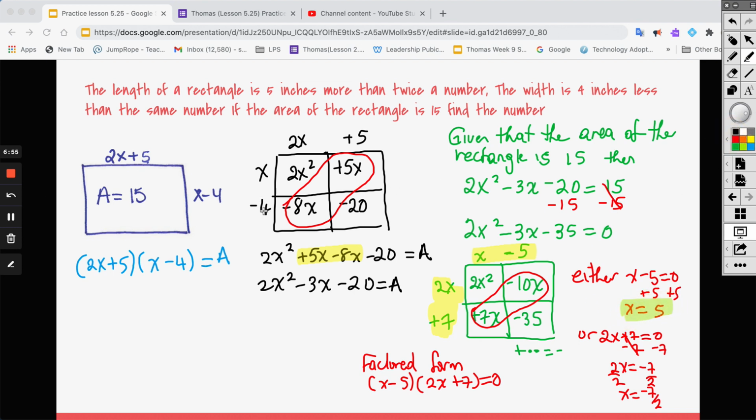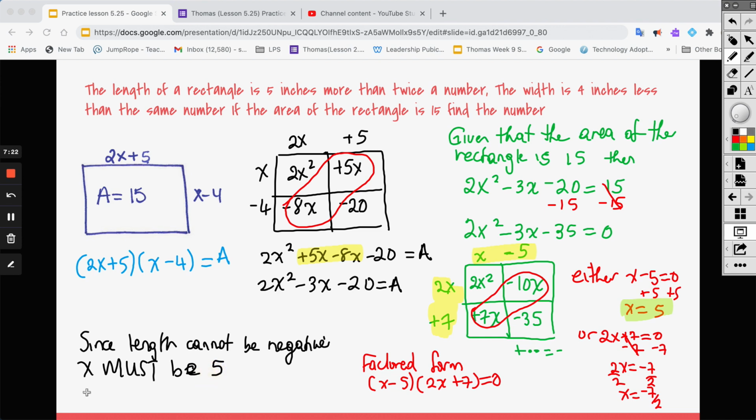So what are the lengths of the sides? Since length cannot be negative, x must be positive 5.